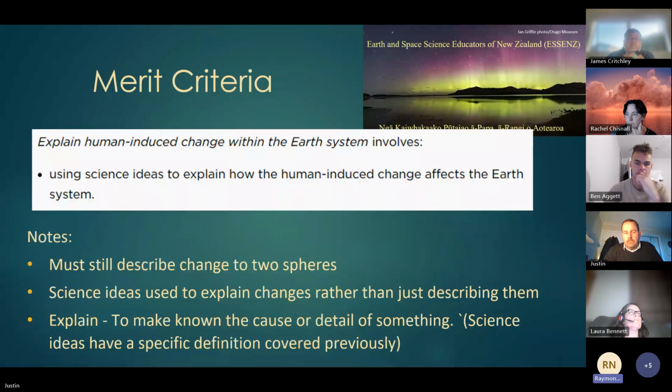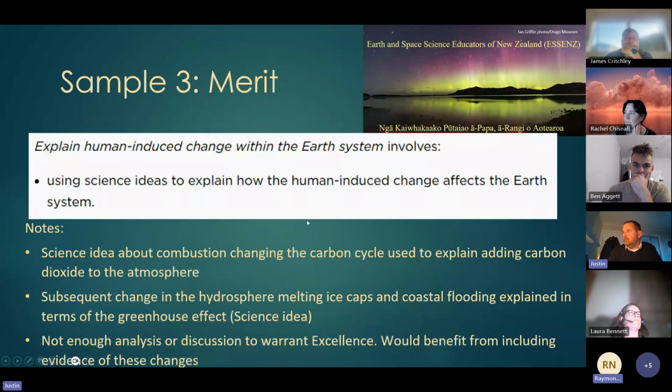Yeah, I agree with that, Justin, because many of the same explained points are on both, aren't they? But it's just how they're linked together, how they're put together, which almost comes down to a literacy skill.